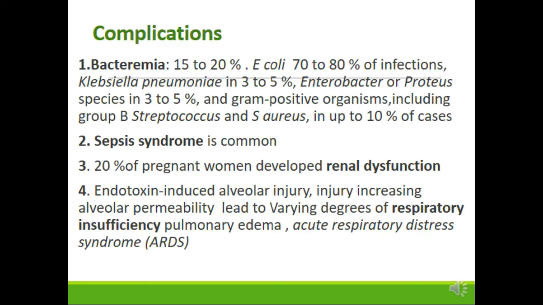Complications of acute pyelonephritis. Number 1, bacteremia, which occurs in about 15 to 20%. E. coli causes 70 to 80% of infections, and also Klebsiella pneumoniae, Enterobacter, or Proteus species, and there are also gram-positive organisms including group B Streptococcus and Staph aureus.